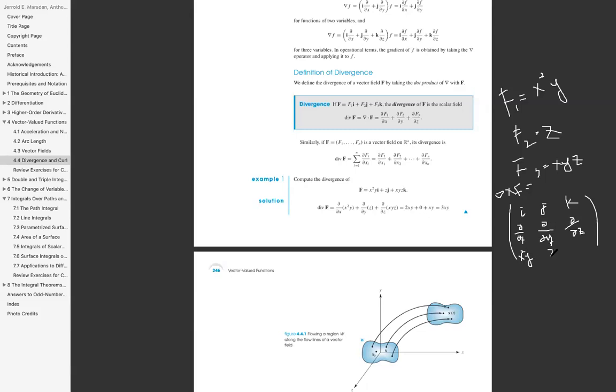This is f2, which is z, and this is f3, which is xyz.